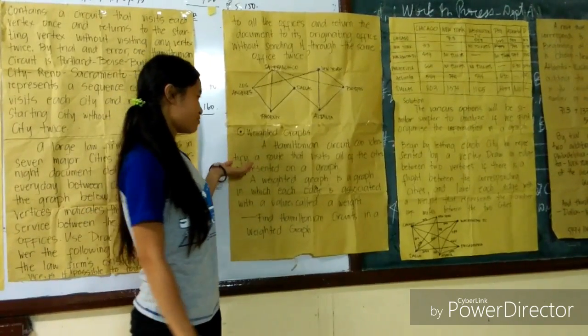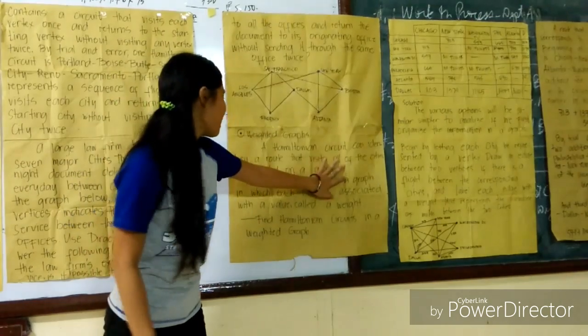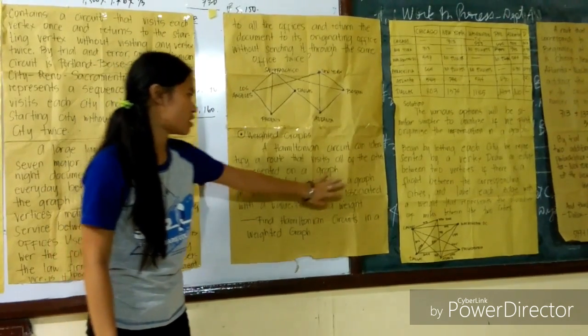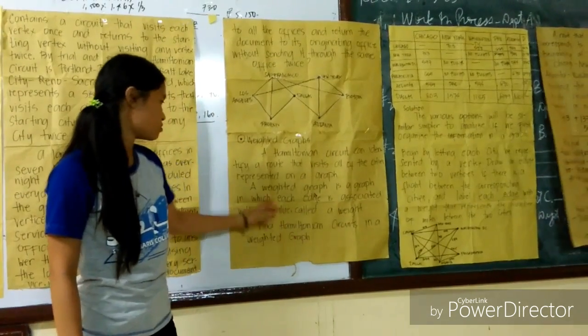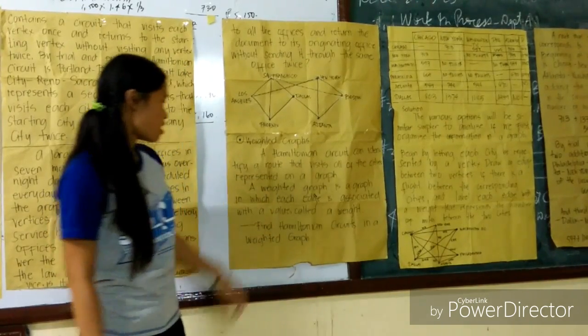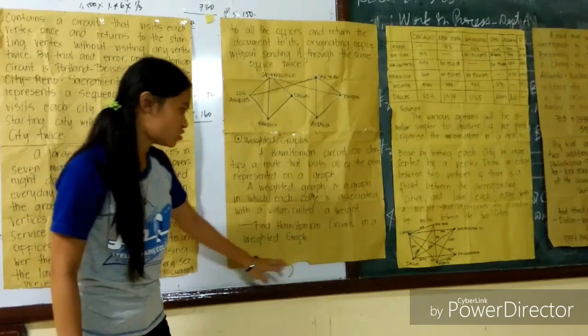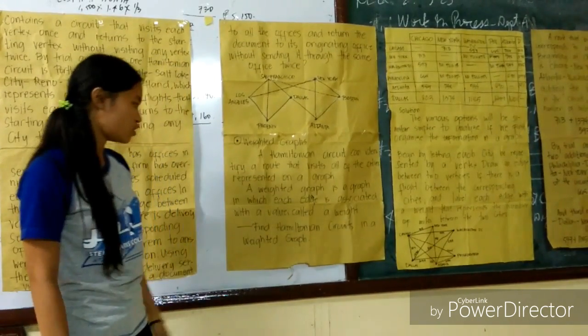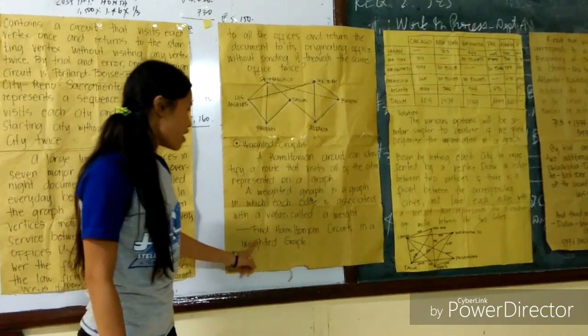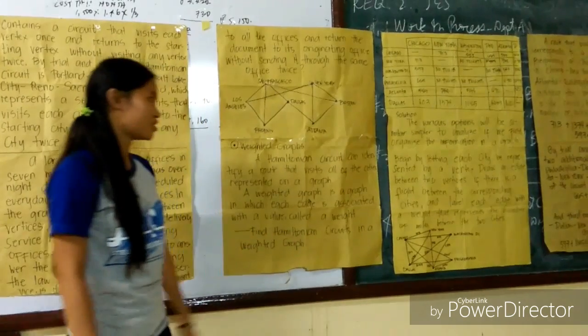Now the weighted graphs. A Hamiltonian circuit can identify a route that visits all the cities represented on a graph. A weighted graph is a graph in which each edge is associated with a value called a weight. Find Hamiltonian circuits in a weighted graph.